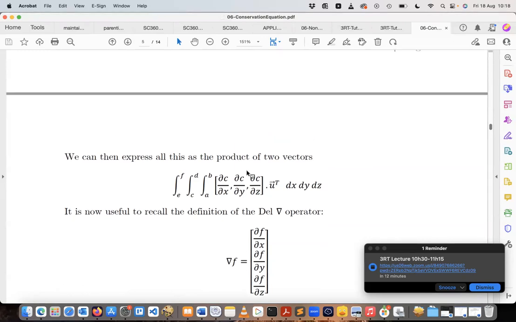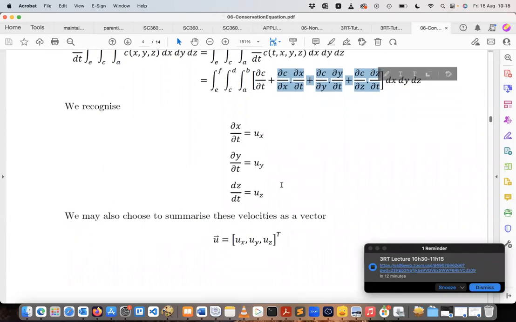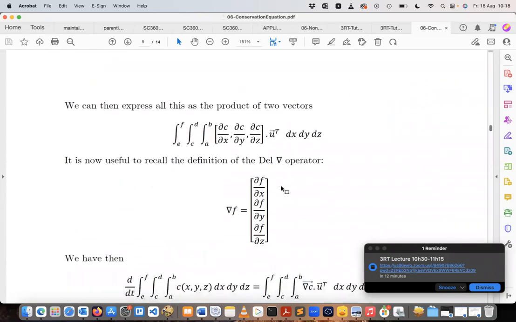So if you do that, you can see that this part is the dot product of the vector for the derivative of c and the velocity of the fluid. So we can recognize this then as that kind of product. Okay, so here is a representation as a vector, and so the dot product of these two vectors.